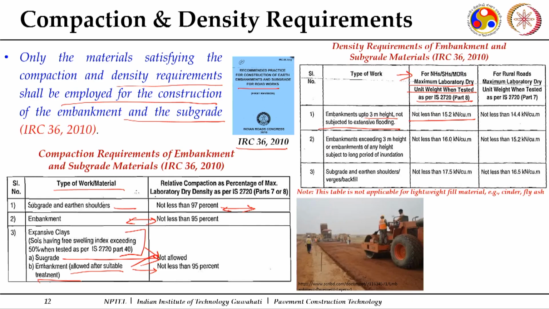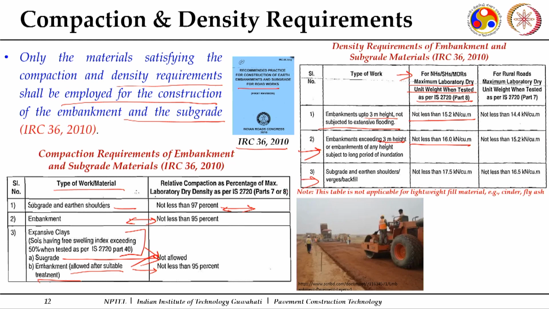This is a specific requirement. If I am constructing embankments exceeding 3 meter of height, then the density of the soil achieved in the lab should not be less than 16 kilonewton per cubic meter.